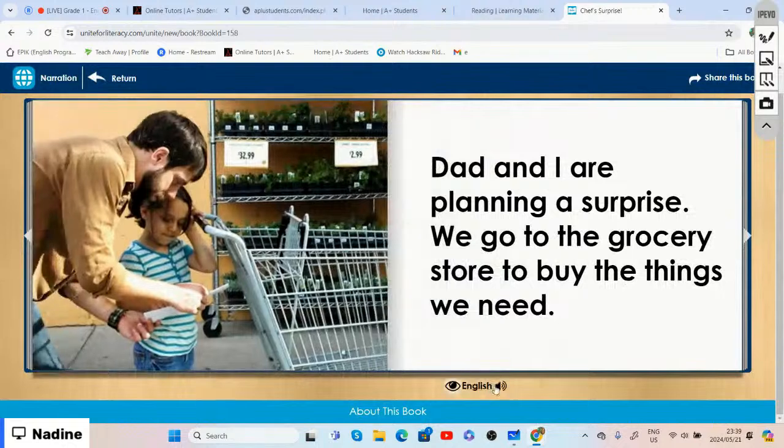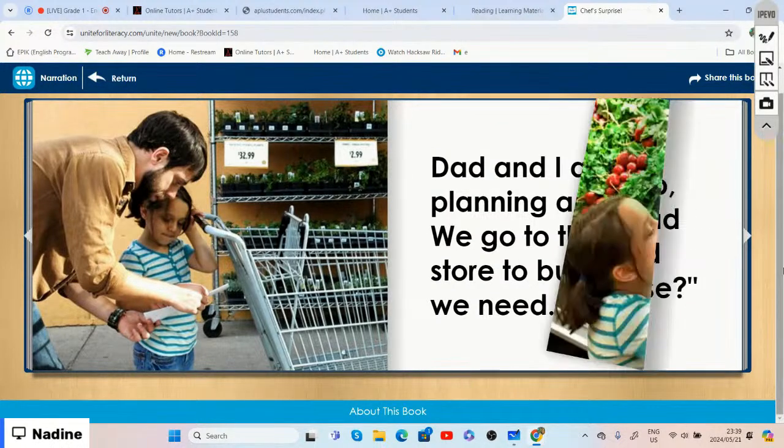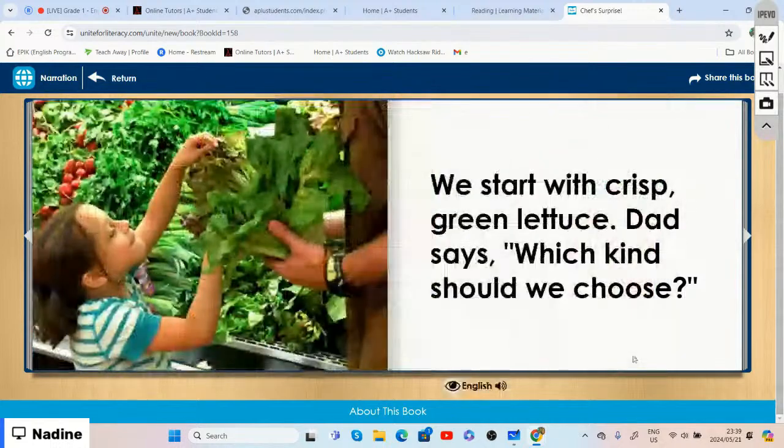Dad and I are planning a surprise. We go to the grocery store to buy the things we need. We start with crisp green lettuce. Dad says, "Which kind should we choose?"